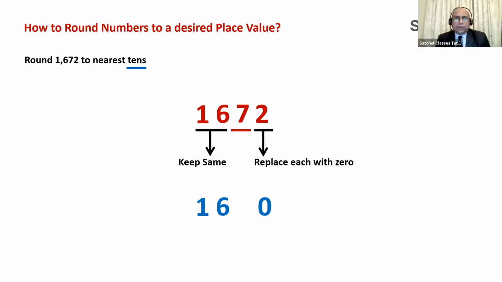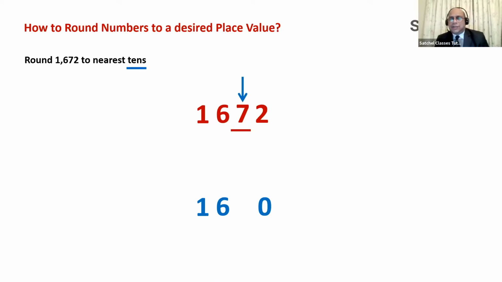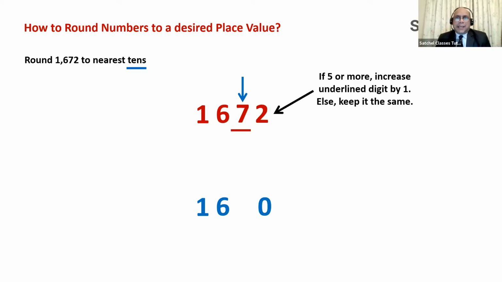So now the only call we need to take is on the digit 7 itself. For that, we need to look at the next digit, the digit on the right of 7, which in our case is 2. So what's the rule? The rule says if the digit on the right is 5 or more, you need to increase the underlying digit by 1, else you keep it the same.